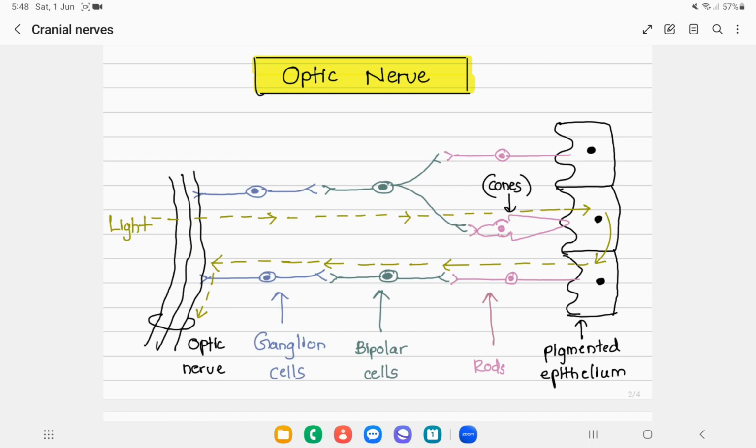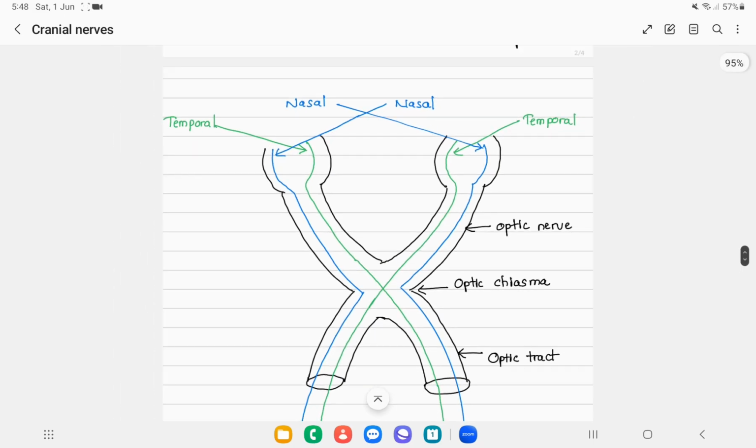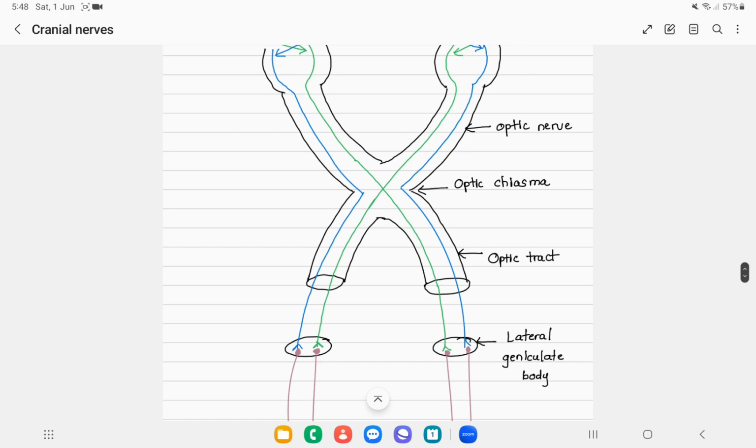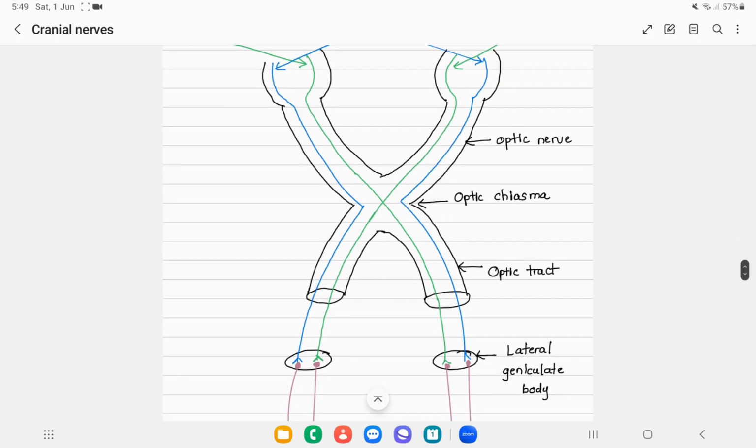The optic nerves unite to form the optic chiasma, where the decussation of nasal fibers takes place. Then the optic tract begins from the optic chiasma.